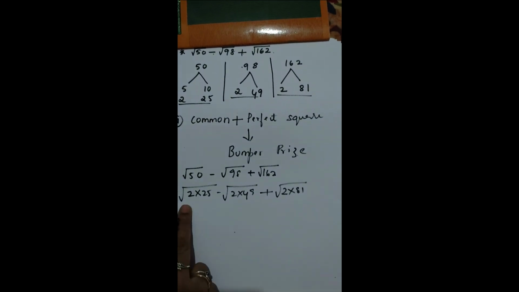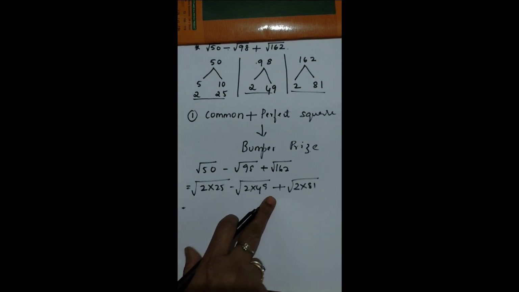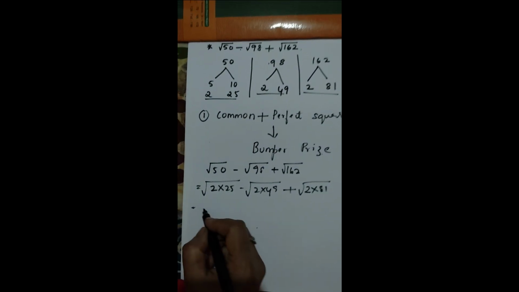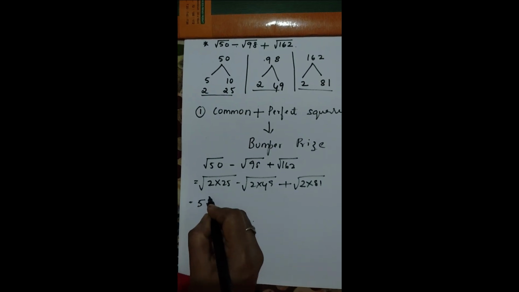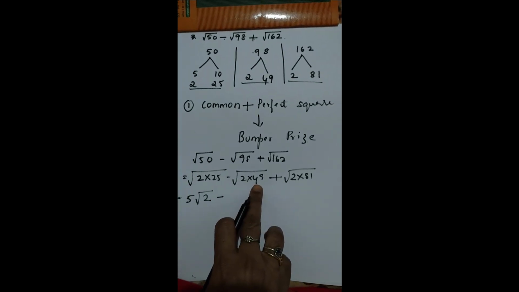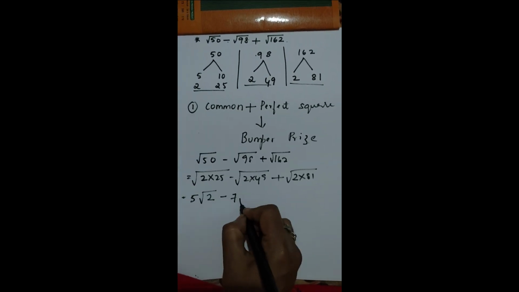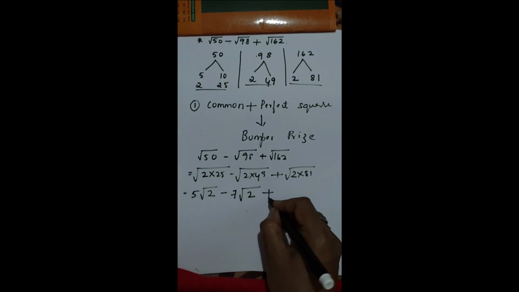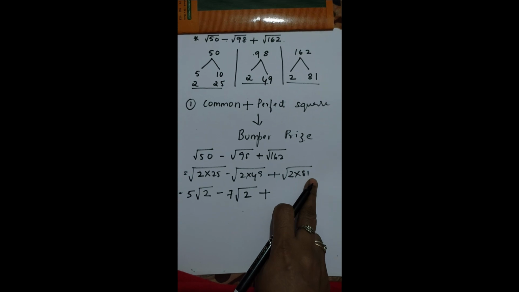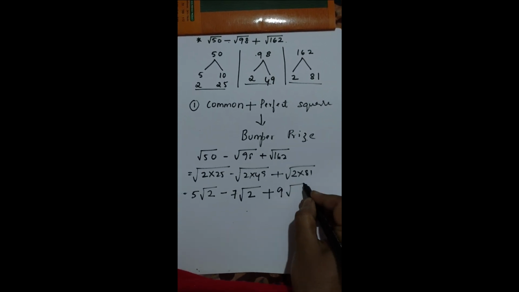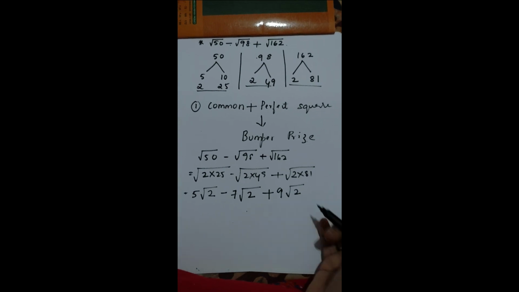You can split it or write it directly. What is the square root of 25? 5. Take it out, write root 2. Minus, the square root of 49 is 7, root 2 remains inside. Next, 2 into 81, the square root of 81 is 9, root 2 remains inside.